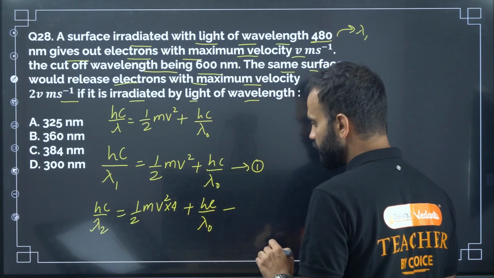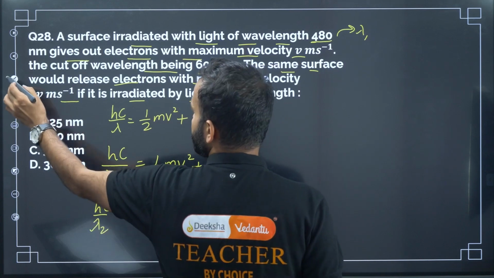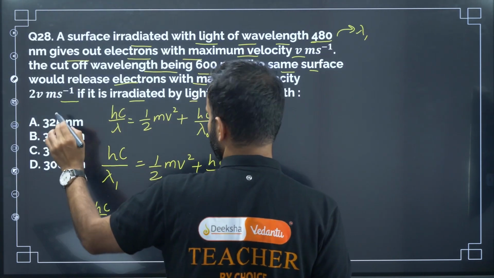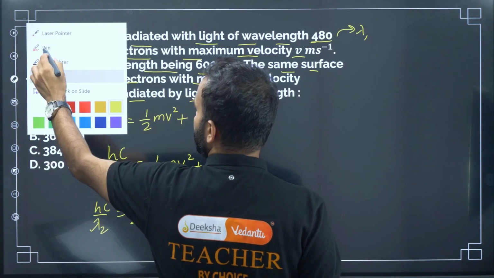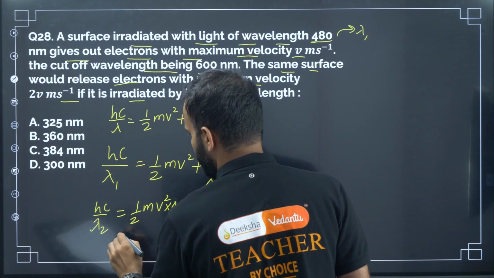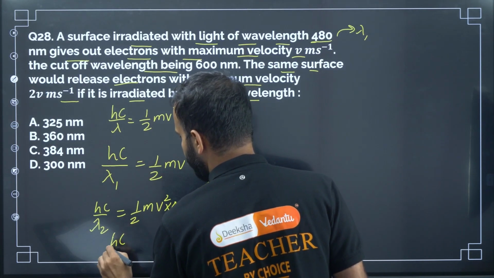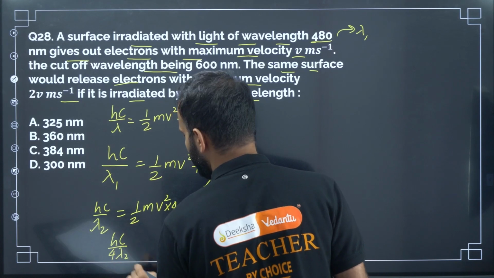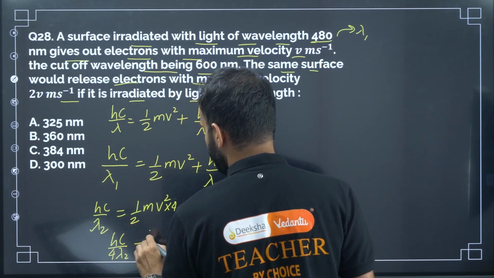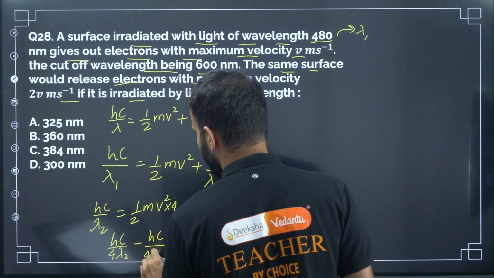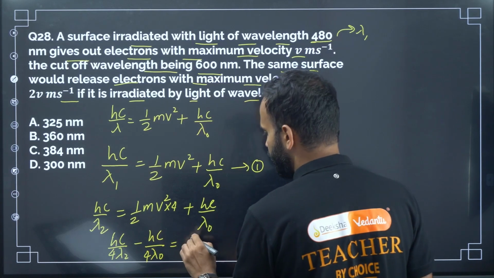Now I can rewrite this equation as hc divided by 4 lambda 2 minus hc divided by 4 lambda naught is equal to half mv square.